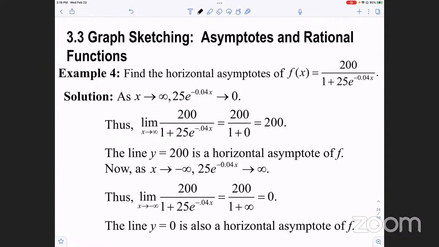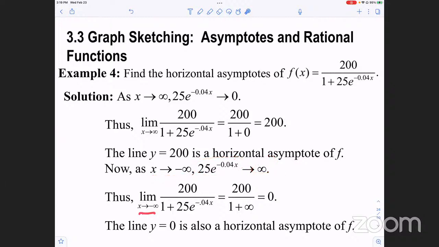Let's see what the prepared notes say. As x goes off to positive infinity, this term tends to zero. So the limit as x goes to infinity of f of x is the same as 200 over 1 plus 0, which equals 200. So 200 is one of the horizontal asymptotes. Now as x goes to negative infinity, this term goes to positive infinity.